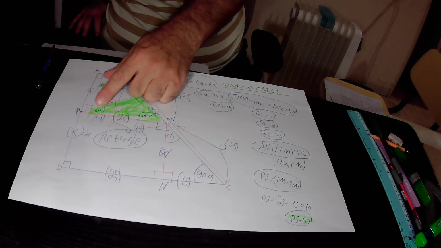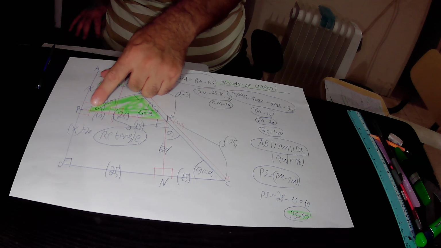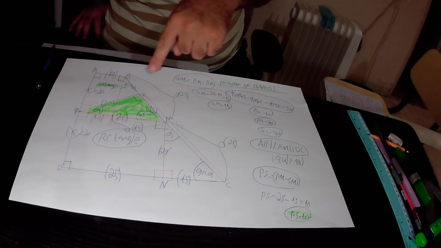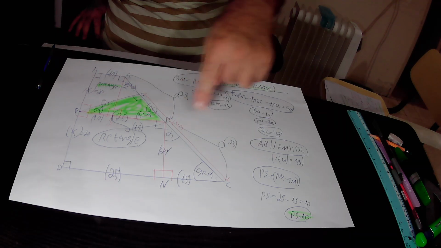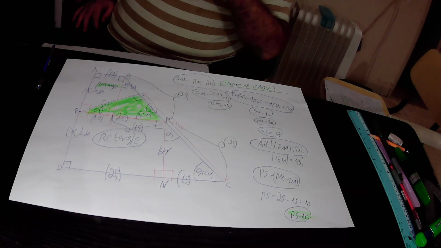And therefore, according to Rule 18, whenever the sum of two one-sided angles is equal to 180 degrees, then they must be located between parallel lines. This means that side AB must be parallel to side PM. So repeat quickly on Rule 18.